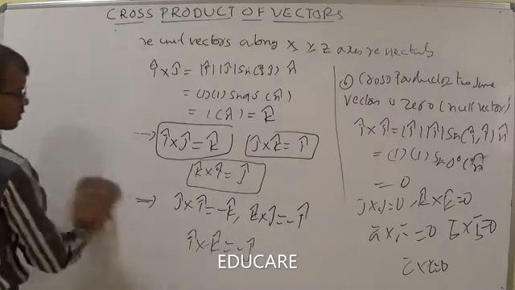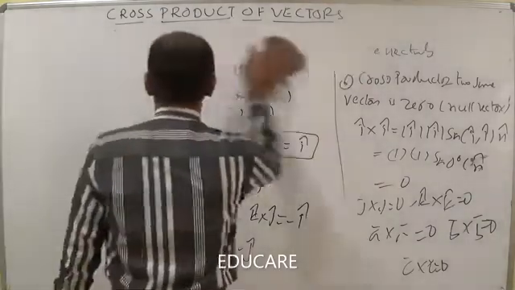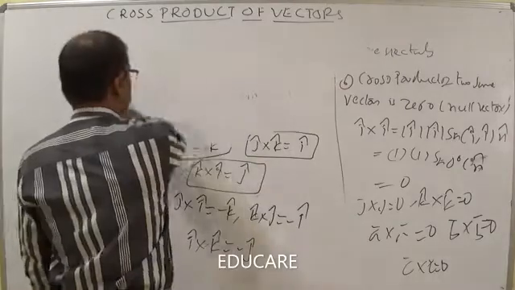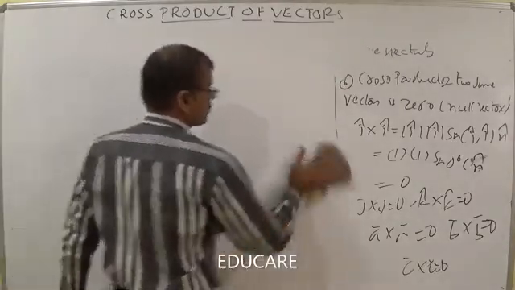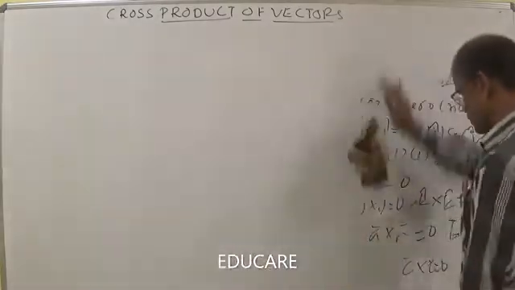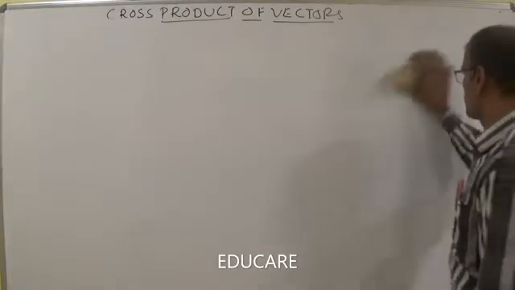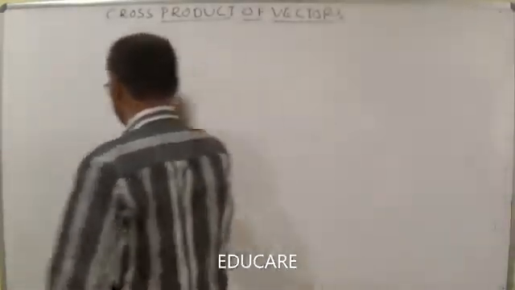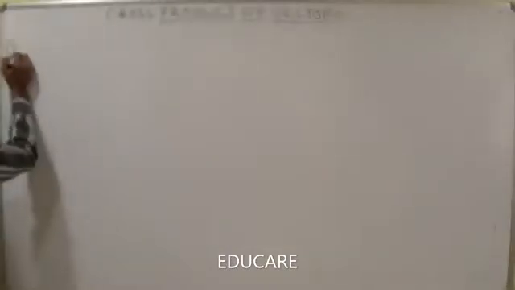Using this, next let us discuss the product among vectors: the perpendicular vector to both vectors. Let us write the 7th point.